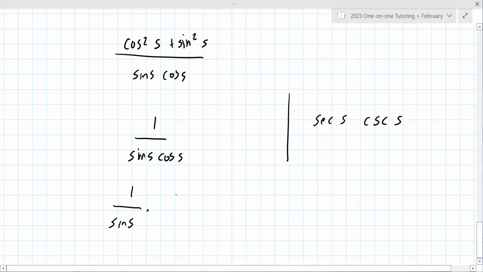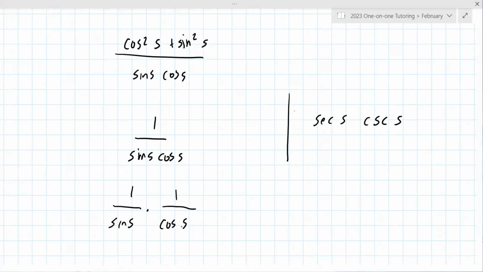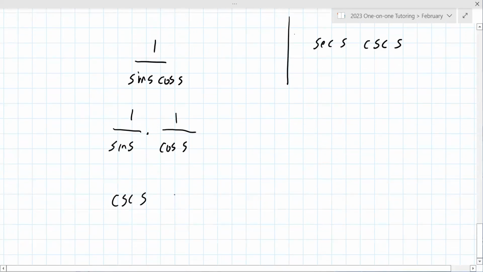You can put as many ones as you want on the top and the bottom, and you will get the reciprocal, because 1 over sine is the cosecant, 1 over cosine is the secant. So the one on the left here is the cosecant s, and then the secant s. The order doesn't matter. You can flip the order. If they're really particular, then you do have to rearrange it so that it's in the right order.